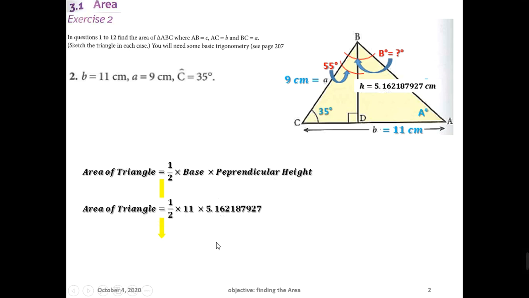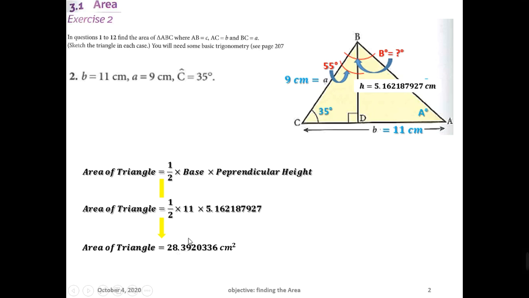Now this is ready to be inserted in the calculator, and if you do so, you're going to end up with the area of triangle is equal to 28.4. 2 is the first figure, 8 is the second, 3 is the third.